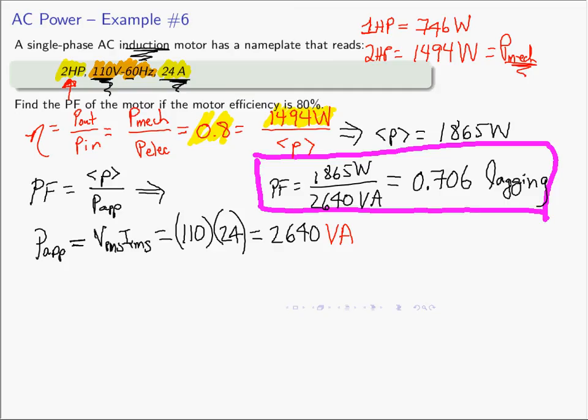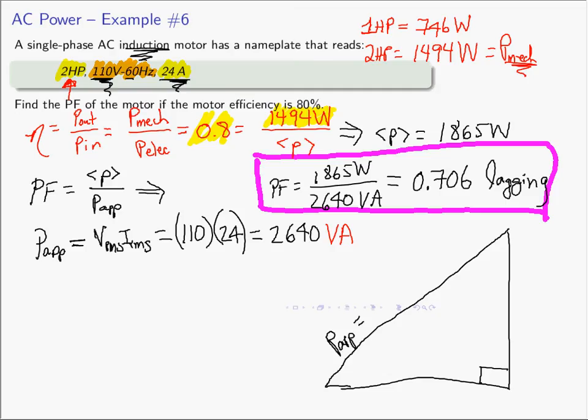Well, let's do a bonus problem. Let's actually find the complex power triangle for this motor as well. So let's draw the triangle, and you can see when we do this triangle we'll have everything we need. So we draw the triangle. And remember, the apparent power goes up here, and we already figured that out. That's 2,640 VA.